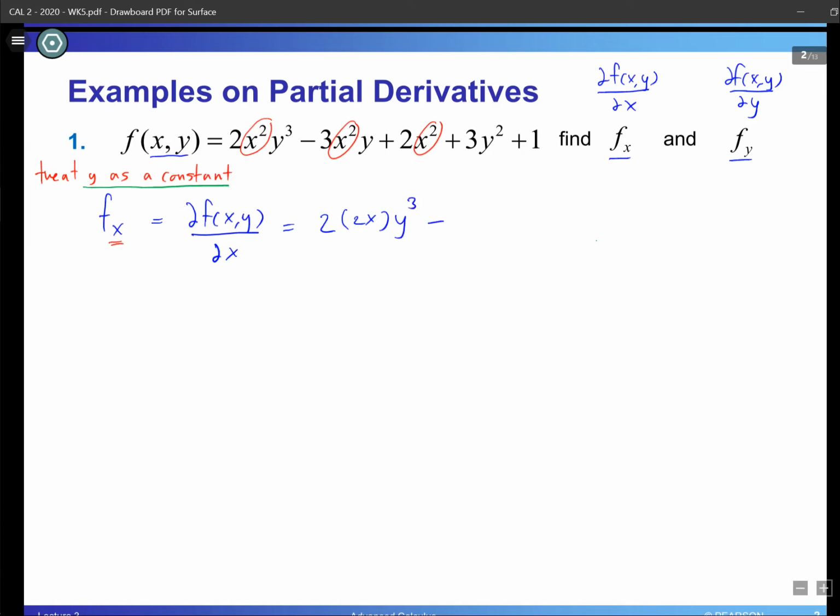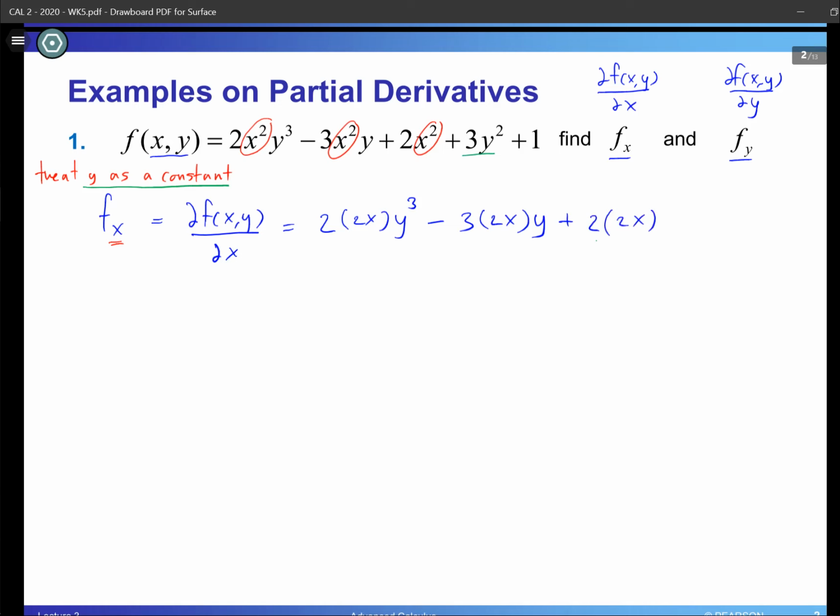Next, 3 stays the same. I differentiate x squared. I get 2x. Y right here is multiplied in, so I leave it the way it was. So y stays the same. Next, we have 2, and I need to differentiate this x squared. I get 2x. And for the next term, as you can see, there is no x in this term, which means that the whole term is basically a constant. Y doesn't change here.